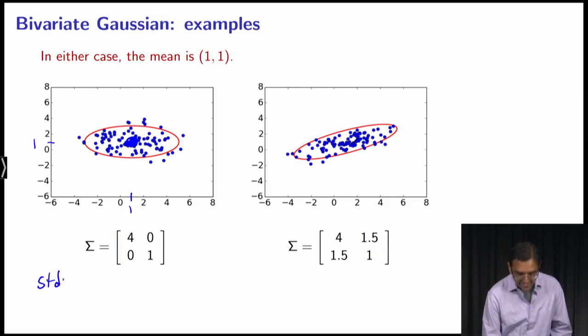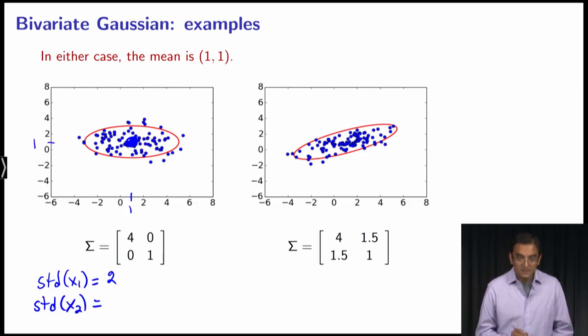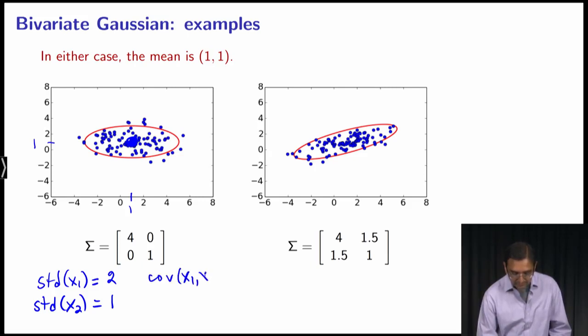So we know the standard deviation of x1 is the square root of the variance, so it's 2. The variance of x2 is 1, so the standard deviation is 1. And the covariance between x1 and x2 is 0.